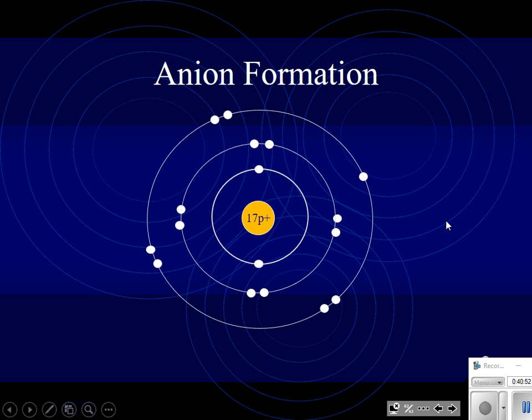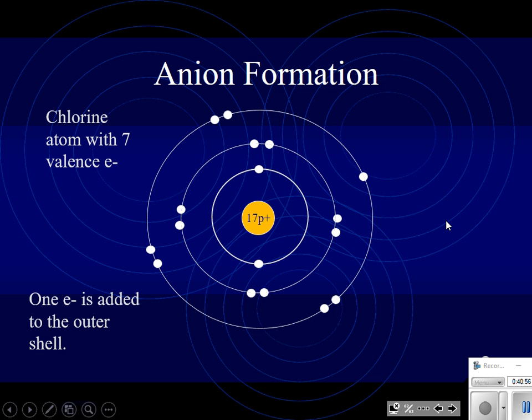So, chlorine is going to want to add 1 electron. Here he comes. There he is. Now, has chlorine filled the outer level? Absolutely. Now, if you count the electrons, there are 18 electrons. How many protons? 17. So I have a net charge of -1.